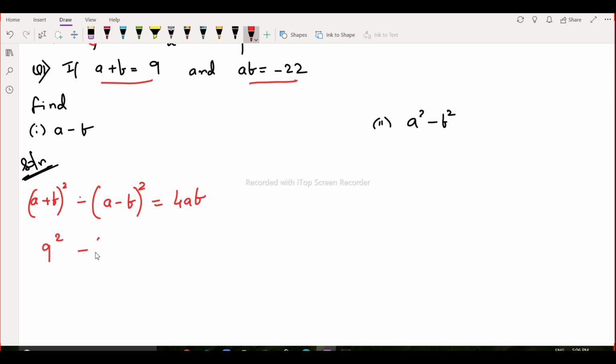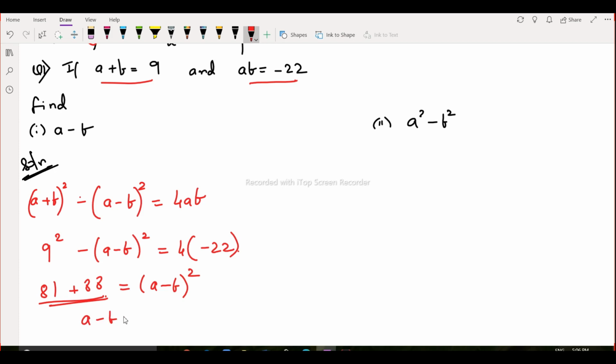So we have 9 square minus (a minus b) the whole square equal to 4ab, and ab we know is minus 22. So we have 81, and you take this here, so you have 169 is equal to (a minus b) the whole square. So a minus b will give you plus minus 13. So we get the answer.